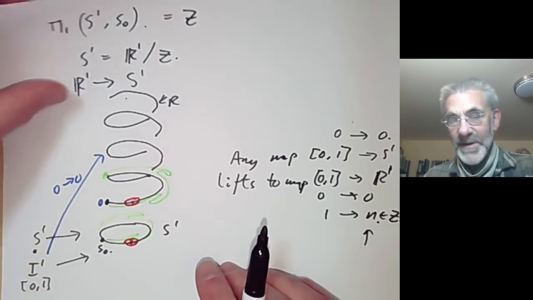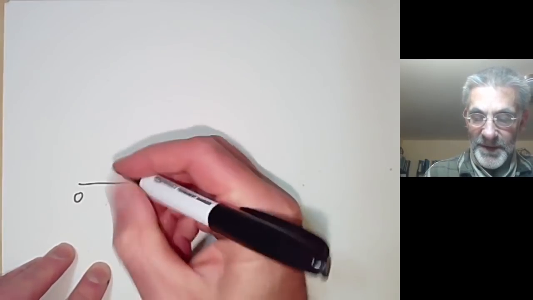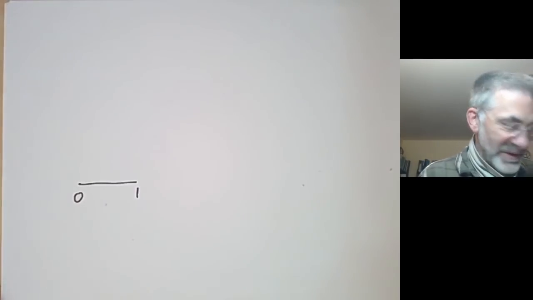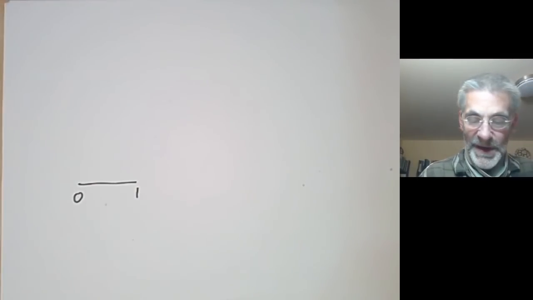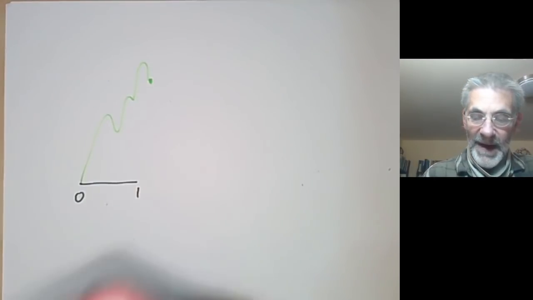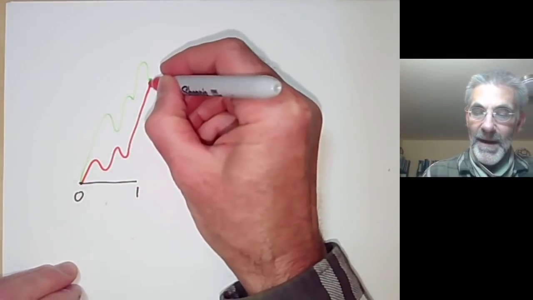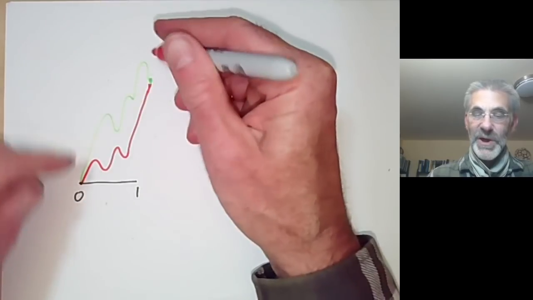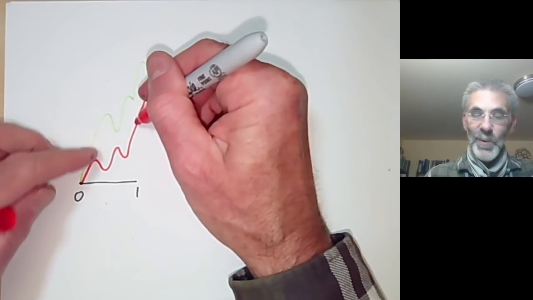And you can see this just by drawing graphs. So here I've got a unit interval from 0 to 1, and I've got two maps mapping it to the reals, and one map might look like this, and the other map might look like this. And it's kind of obvious these two maps are homotopic because you can just slide one down into the other.